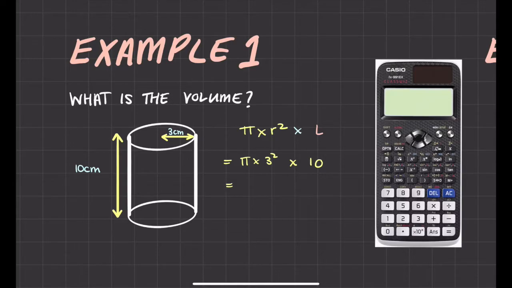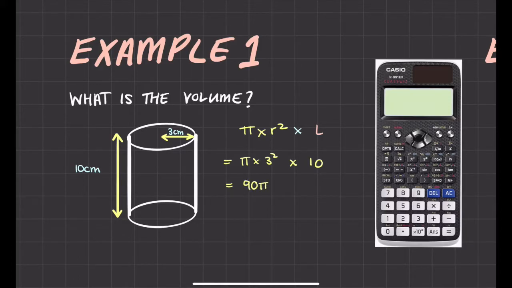And so on my calculator, if you've got one like mine, you can find the pi button by pressing shift and then this button down here. So I'm going to do that, shift, button down there. So I've got my pi, I'm going to times it by 3 squared, and then I'm going to times it by 10, and I get an answer of 90 pi.